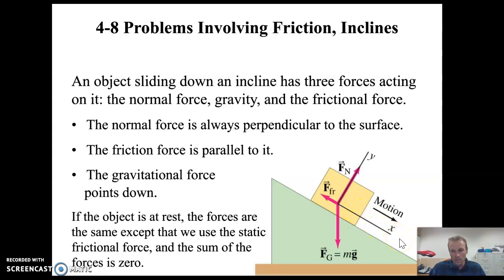In a second video I'm going to make for you, I'm going to show you how to do that, and that allows us to examine the forces so that they're all pointing along the same plane, either straight up, straight down, or left or right, imagining that we're not on a ramp at all. So hopefully it'll make it easier to deal with.